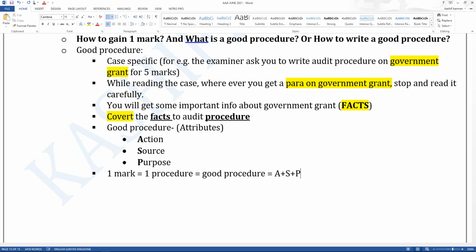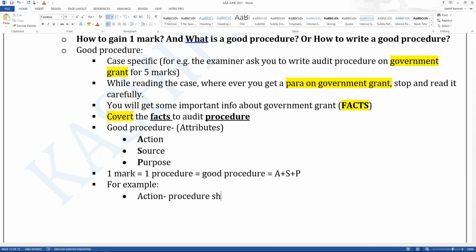Okay, let me demonstrate that. Let's give you an example and then convert that to the past paper. For example, let's first start with A, action. A procedure should start with action.